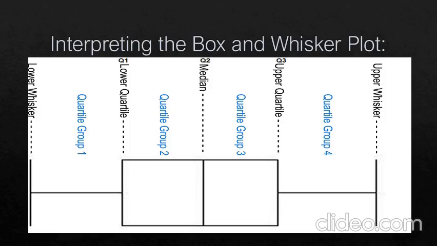What is very important for us to see, first of all, is that your data is divided into 4 parts, 4 equal groups. So if your data set is 100%, and it's divided into 4 parts, it means that every quartile group like this is going to represent 25% of the data.